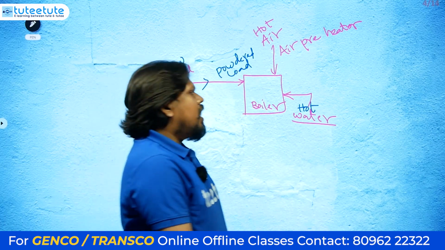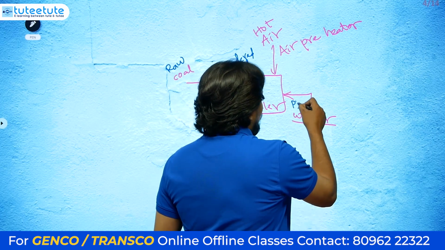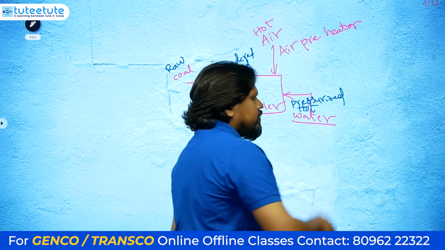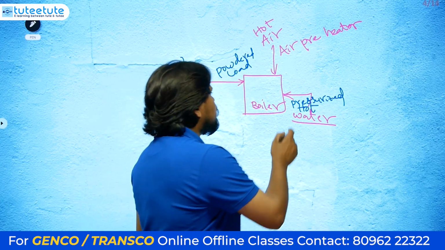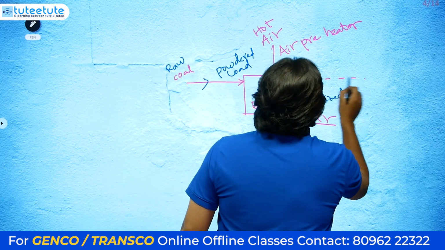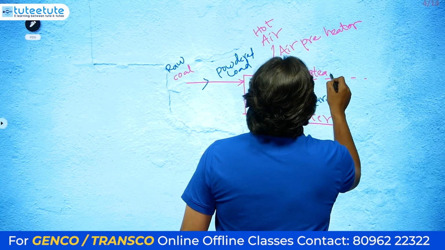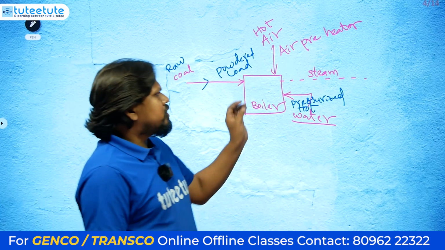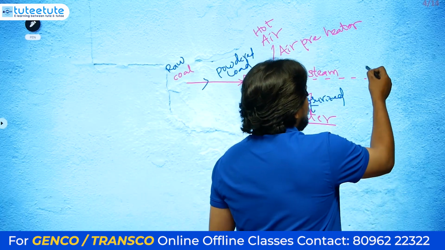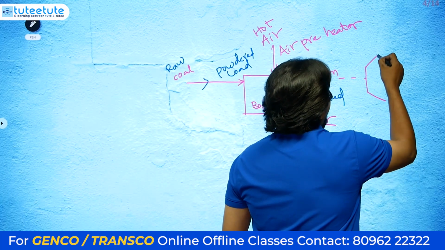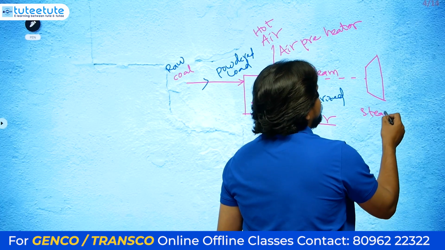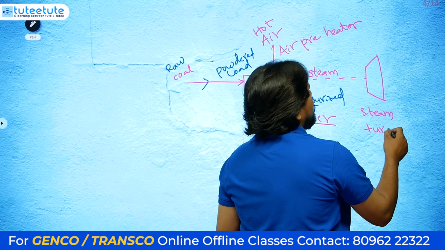After that, pressurized hot water we are sending. Because of all this, steam will be produced. That steam we are sending to the turbine. Which turbine is it? It is nothing but the steam turbine.